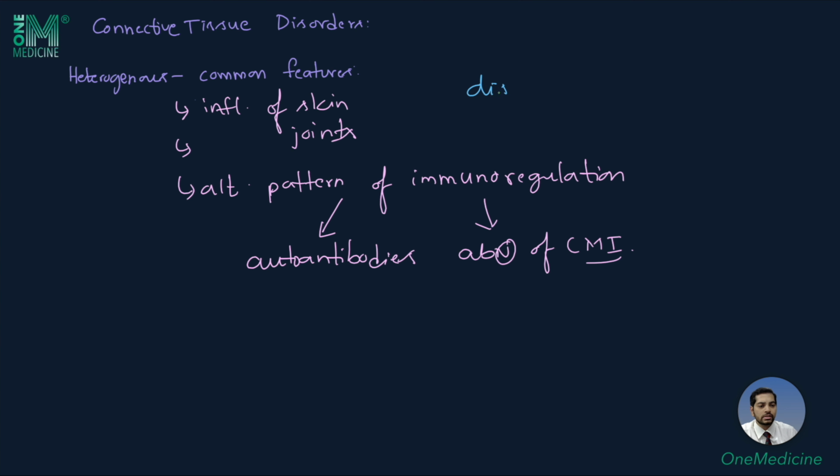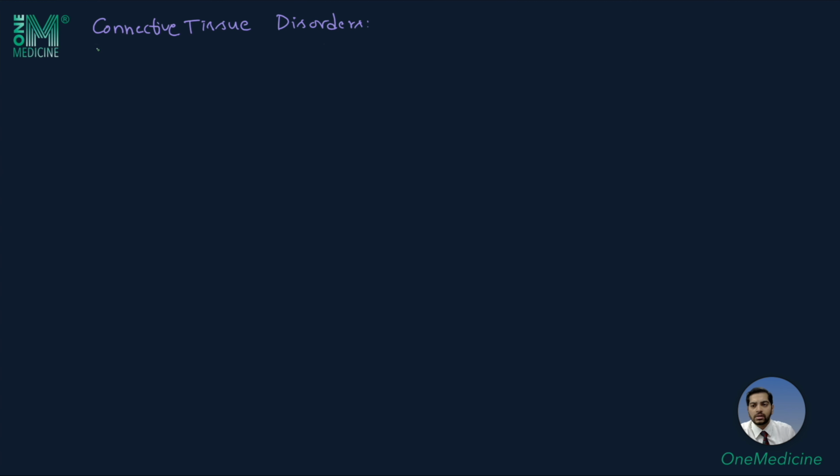Although there are distinct clinical entities, there are a lot of overlaps that are seen among these patients. So various conditions have almost common symptoms. Let's look at the first of these disorders, that is systemic sclerosis. This also includes scleroderma.